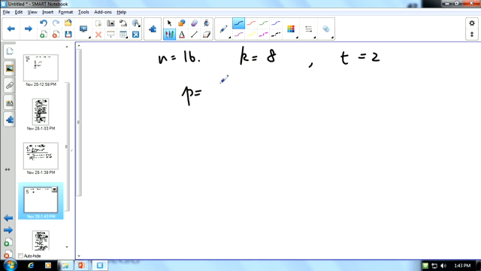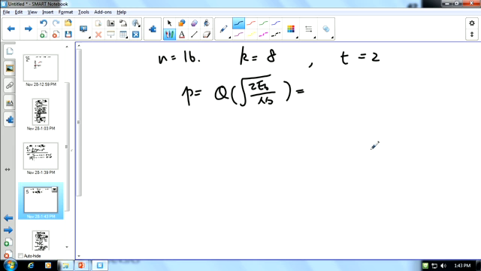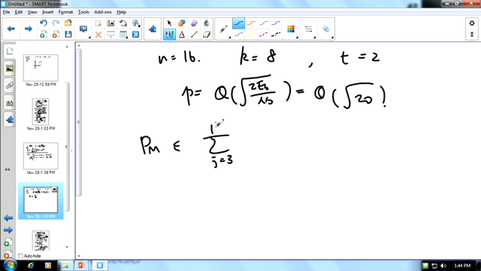And first, our p is Q of square root of 2Eb over N0, and our Eb over N0 is 10 dB. 10 dB is actually the linear value of 10, okay? So that's 20 inside the square root, and you can use the Q table to find the number there. And the message error probability will be less than or equal to the sum over j from 3 to 16 of (16 choose j) p^j (1 minus p)^(16 minus j).